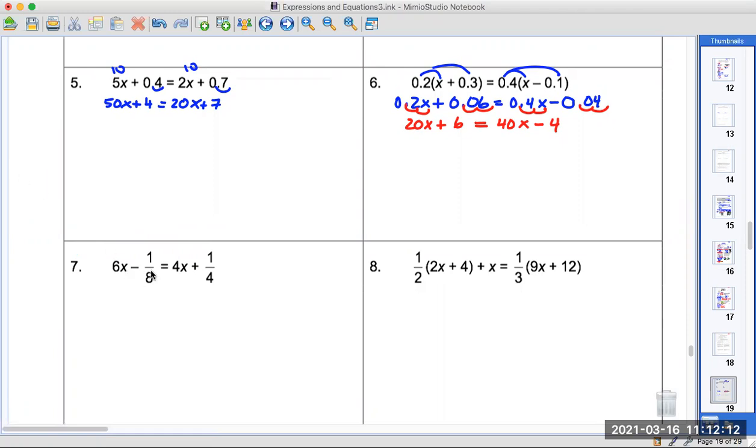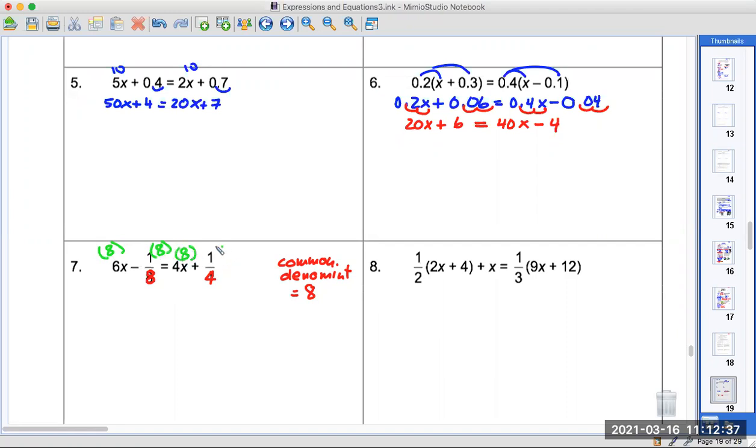So look at the bottom of the fractions, 8 and 4. Common denominator is 8, because 4 goes into 8. So you're multiplying everything by 8. Just put it on top in parentheses.